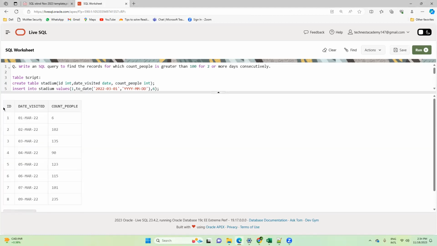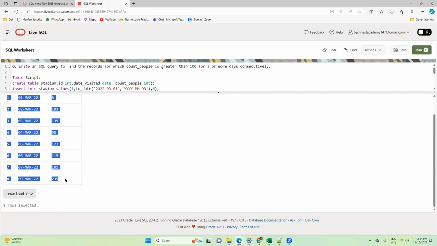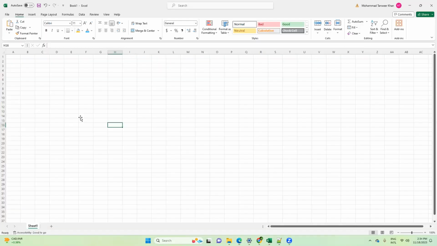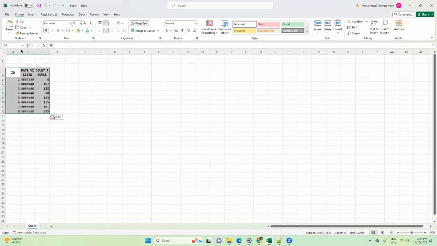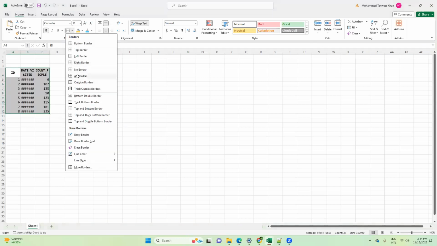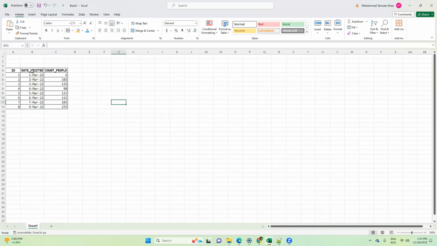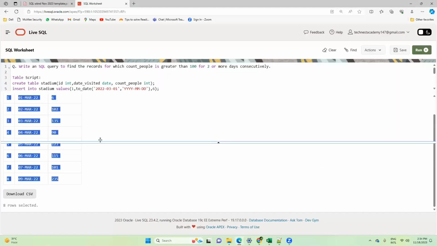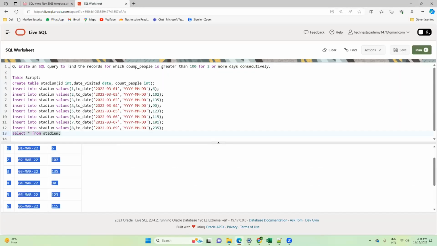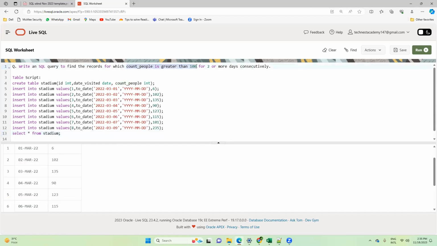So this is the stadium table. And here the question is to write a query to find the records for which the count of people is greater than 100.